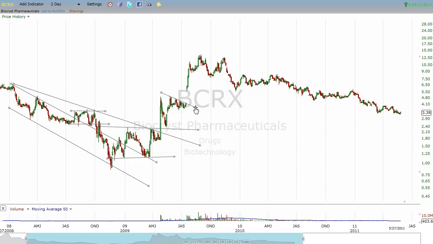Now, there's a funny little thing about bull flags, and this isn't always true, but it's amazing how often it's true. If you look at the move that led to the formation of the flag, and I'm just going to go from here to there. Actually, we probably should go from where that leg started right there.